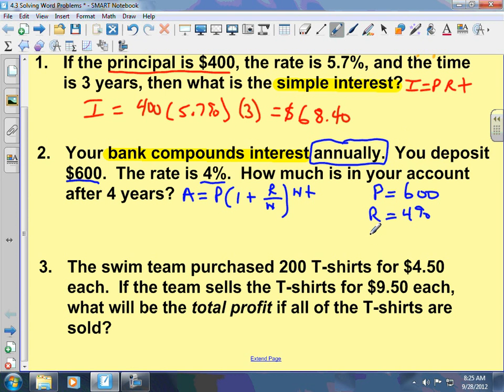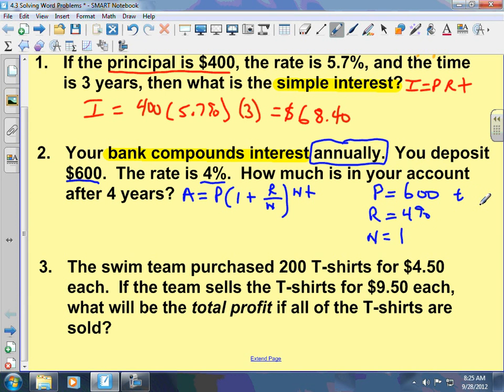Annually is once a year. It may tell you things like semi-annually. Semi-annually means twice a year. Semi means twice. Could say monthly, that's 12. It could say weekly, that's 52, kids. There's 52 weeks in a year.